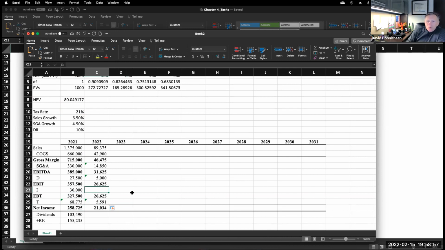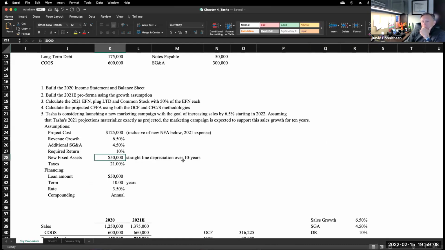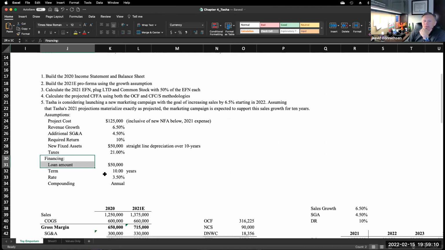But we got to figure out what to do with interest as it relates to the project. Okay. Because the case gives us some details around some financing that we're going to have to do.